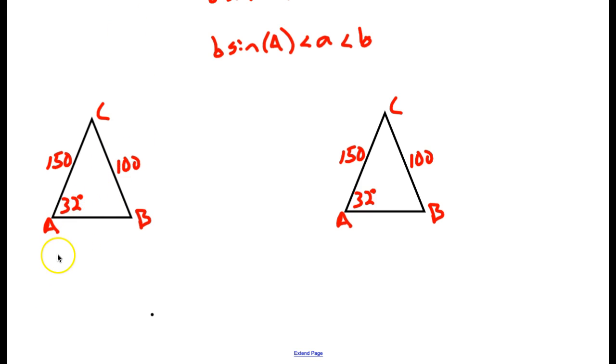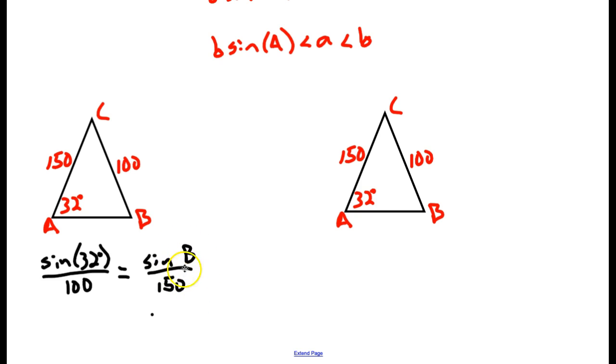So here we can say the sine of 32 degrees over 100 is equal to, since we know side B, we'll solve for angle B first, the sine of B over 150.